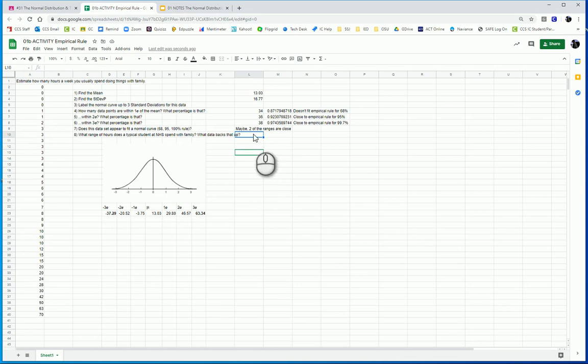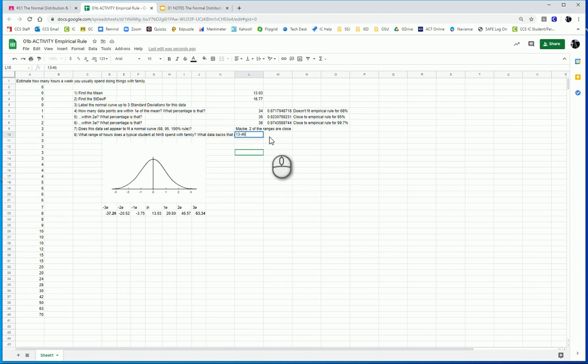So what range of hours does a typical student spend? 13 to 29 would be a pretty safe bet. It would probably get you the greatest range or highest likelihood, 34% of people responding. If you wanted to increase that, you could say 13 to 46.